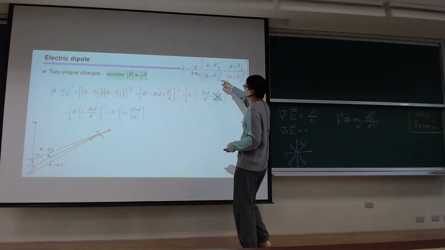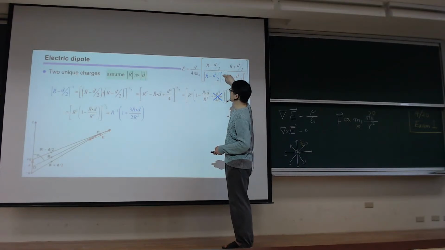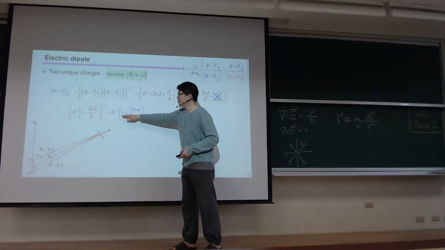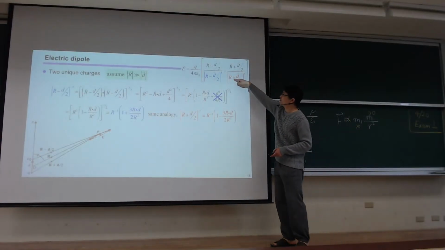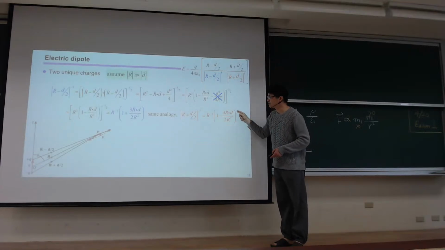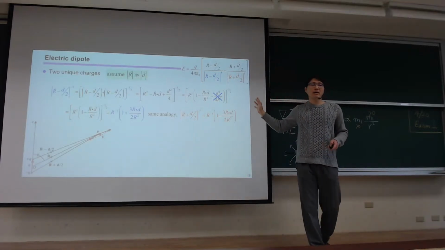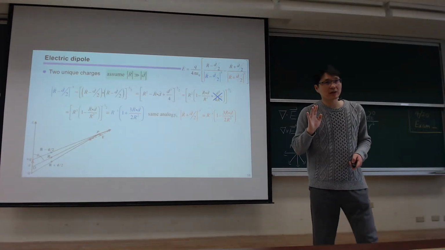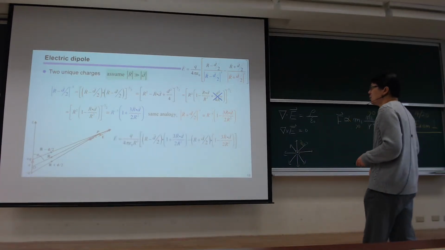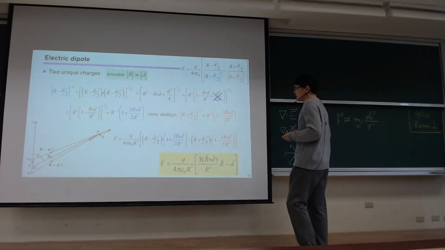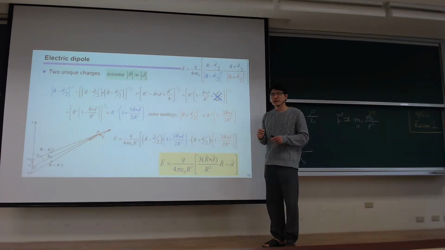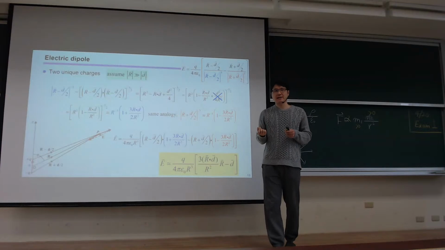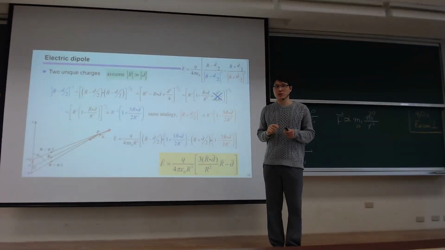Then you know this first item, 1 over this blue part, can be approximated by this expression. By the same analogy, the red part can be approximated by this value. So you have all this in front of you, so I can go slightly quicker. What I want to tell you is that having this expression helps a lot with our understanding of the voltage we're going to introduce later.